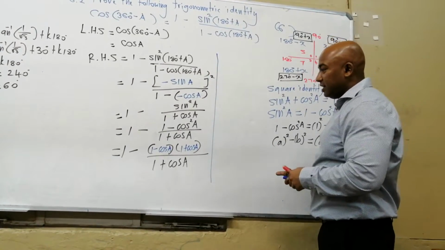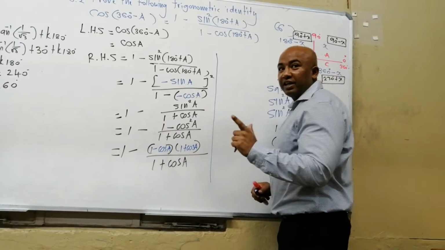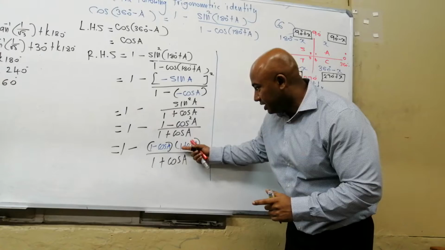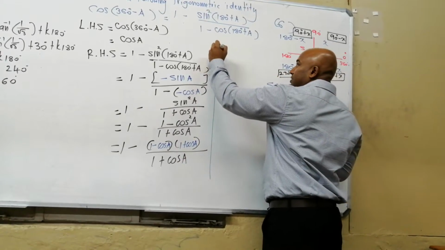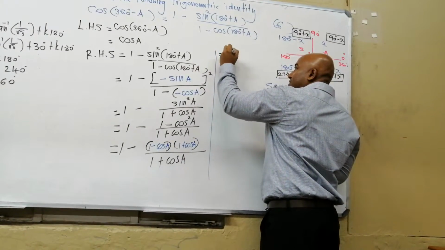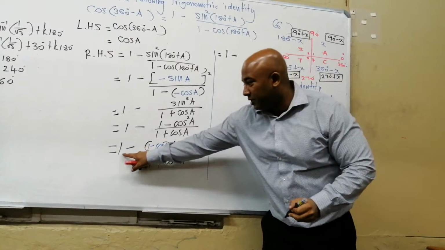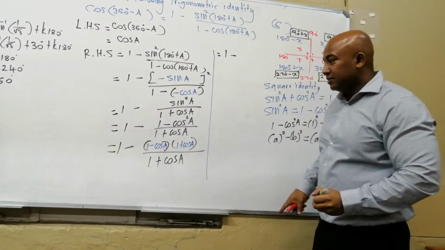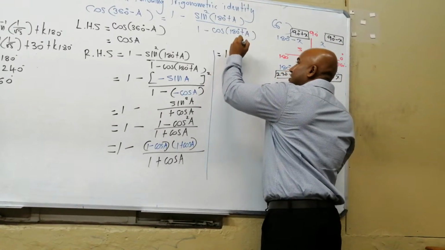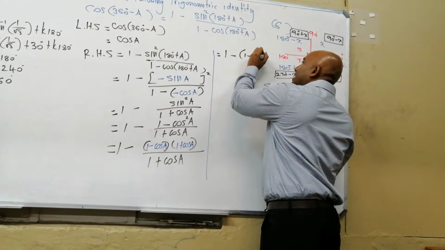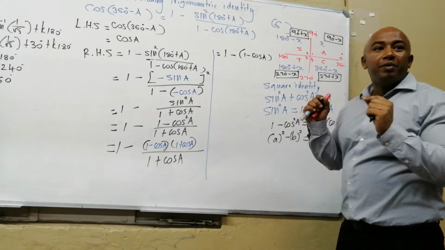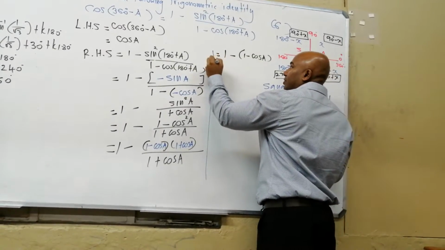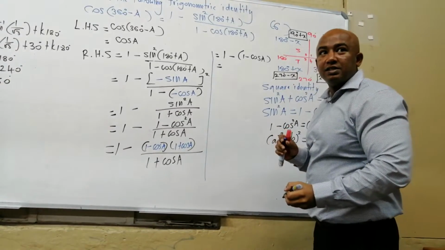So if I cancel that, we need to be very careful with this here. When I cancel these two here, I have a 1 minus, can you see there's my 1 minus, and what remains now? What remains is 1 minus cos A within brackets. If there's no brackets, this is wrong. So now I can remove the brackets.